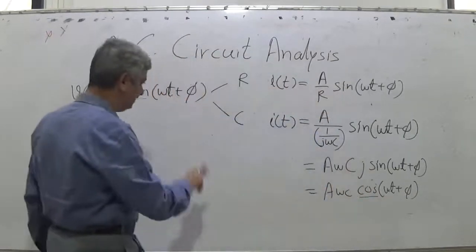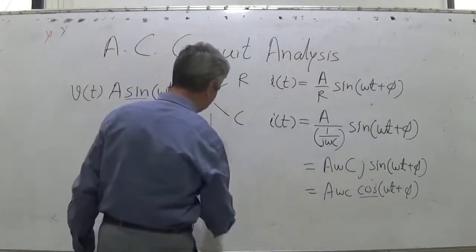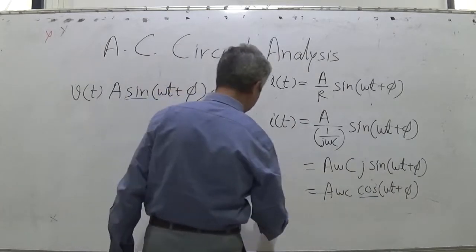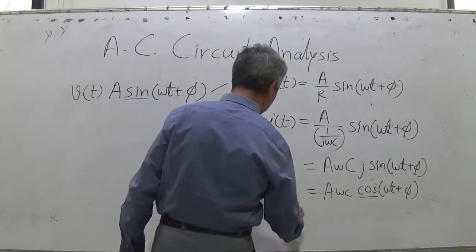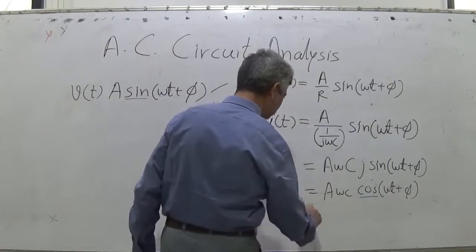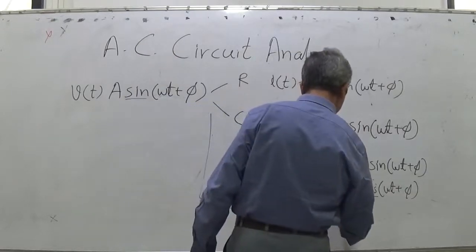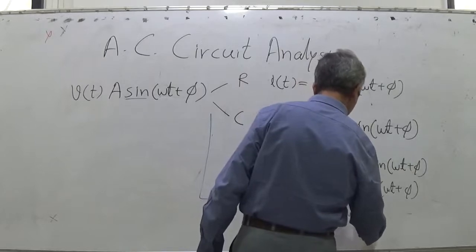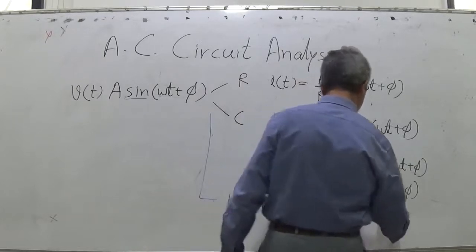And for inductor L, what we get, It is equal to A upon j omega L sine omega t plus phi.